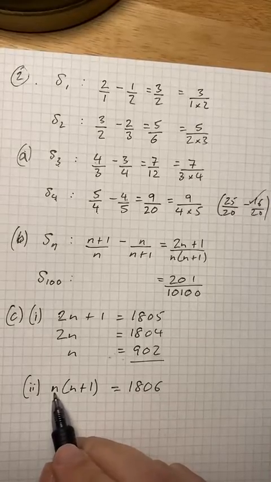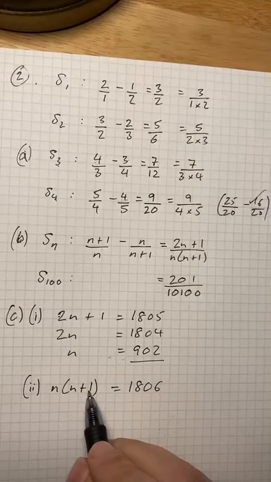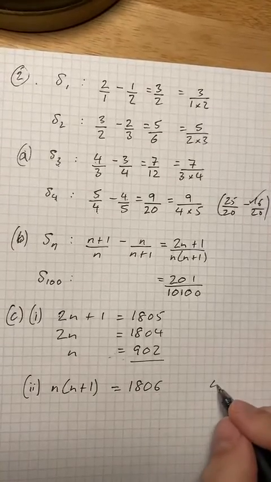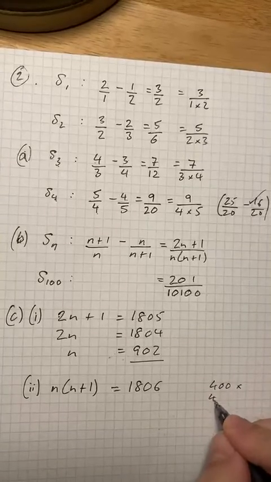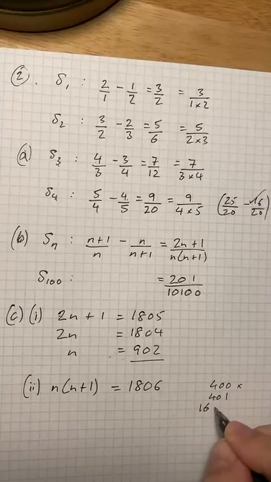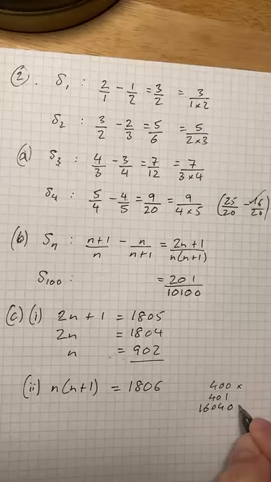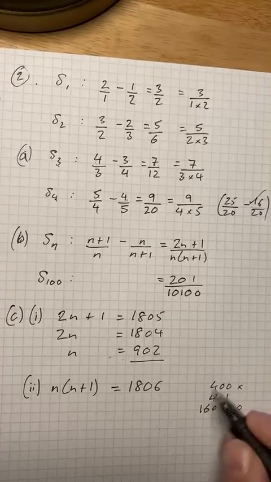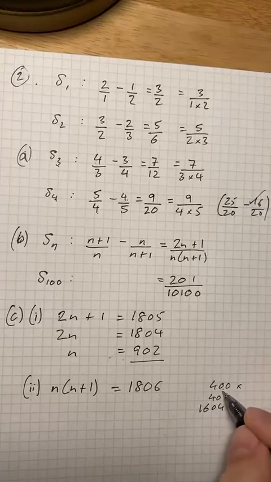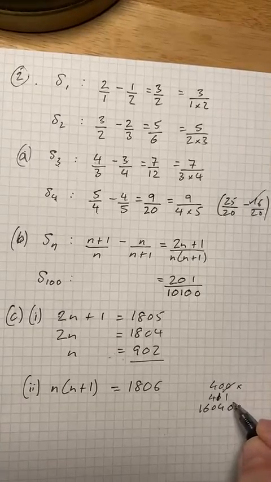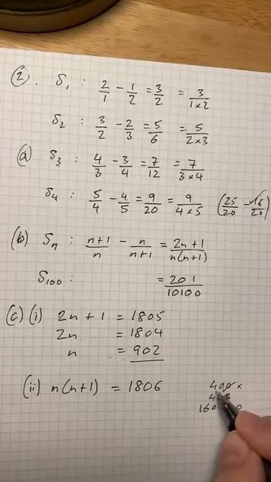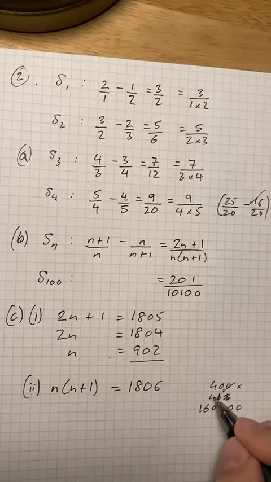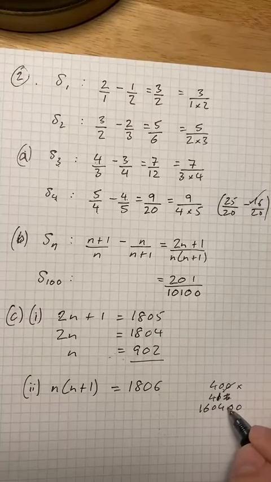So if this is 400 times 401, you get 160400. So that's not going to be that at all, way off. So 40 times 41. 40 times 41 is 1640.